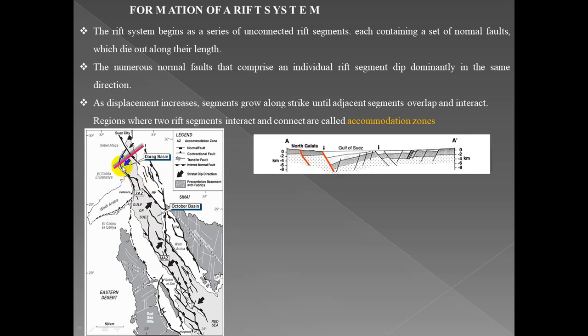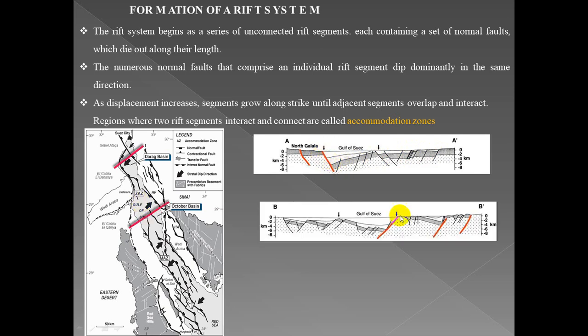The cross section here explains the geometry of the rift. It's an asymmetrical rift. Okay, the main fault bounds it from this side, and all of the strata dip away, rotated in this way against the main bounding fault here. In the middle part we have a cross section, but with reverse polarity.